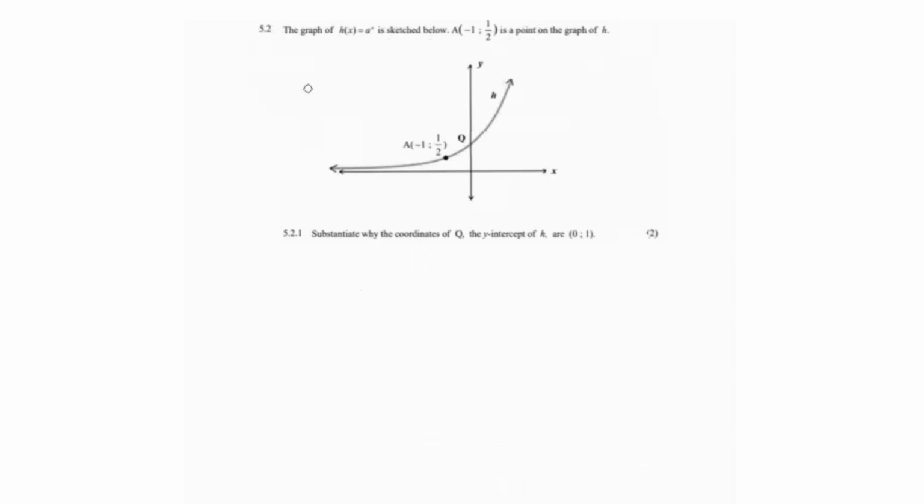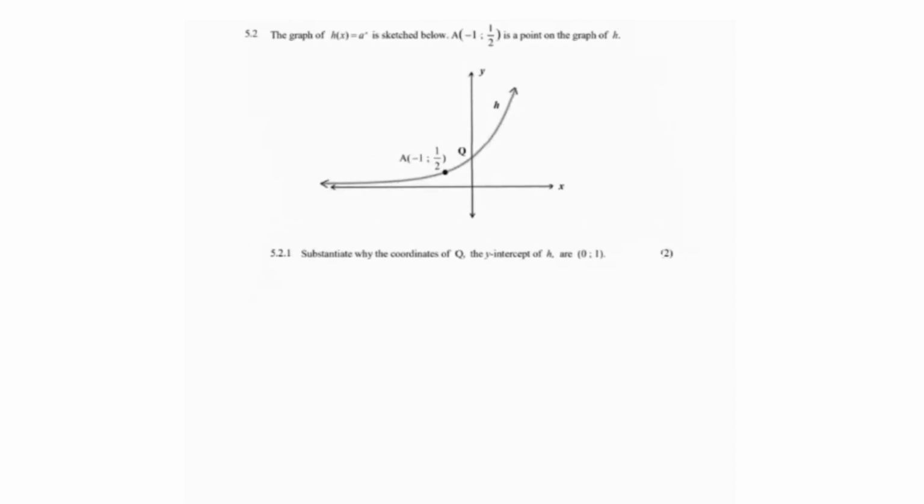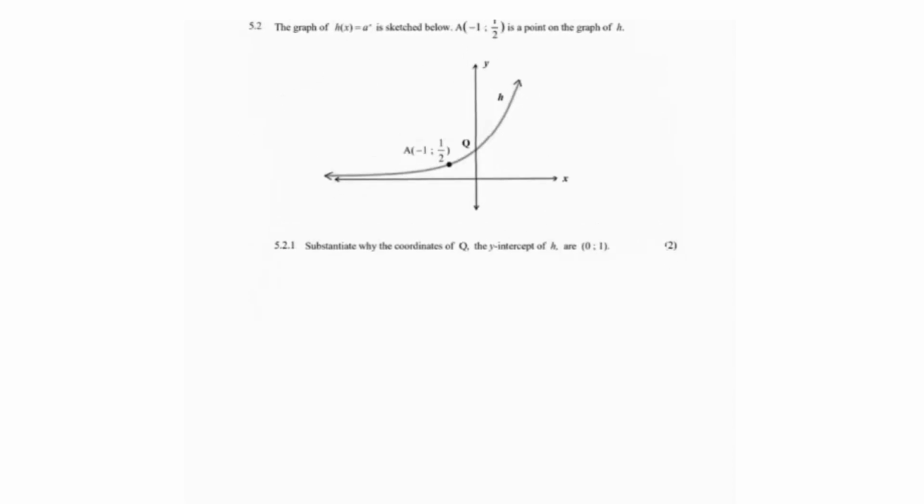The next question says the graph of h of x is equal to a to the power x. And a point is given, negative 1 and a half.